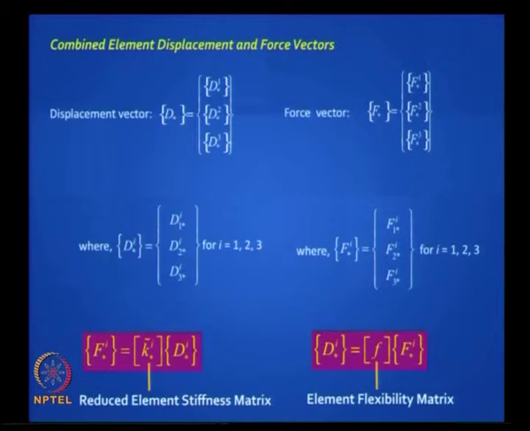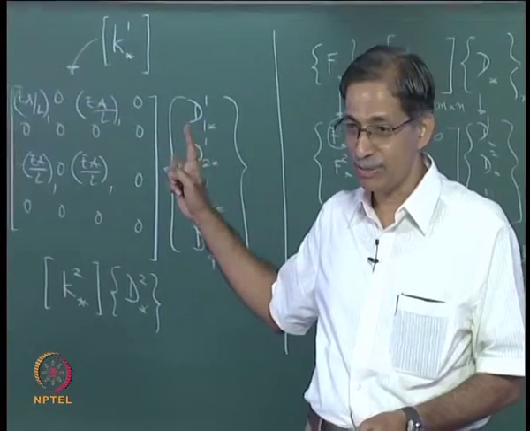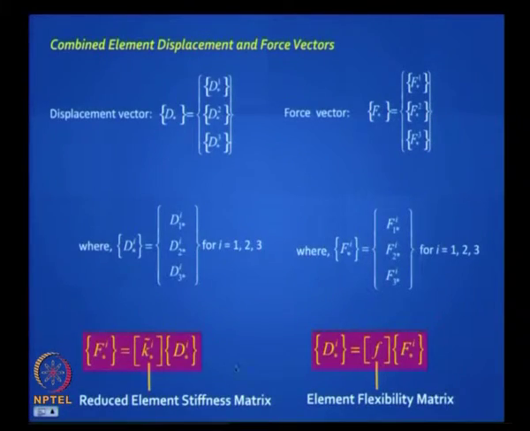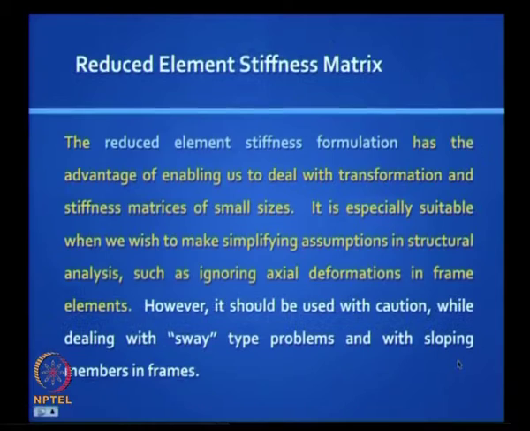I have both the displacement vector and force vector combined, and the relationship between them is that diagonal unassembled stiffness matrix, or I put it the other way and get it in this fashion. Each of them at the element level will look like this.